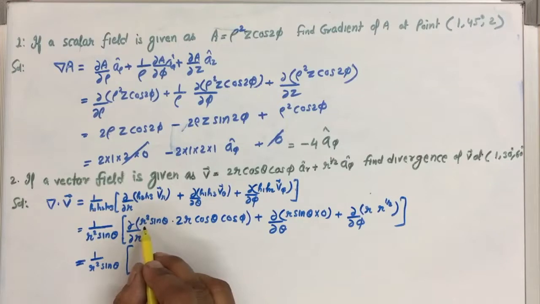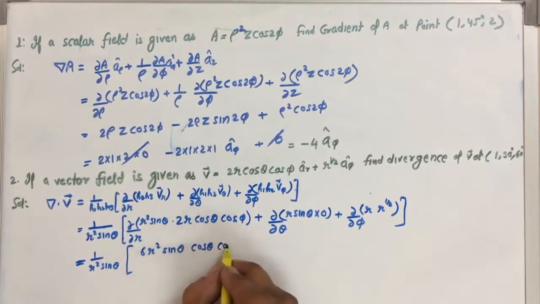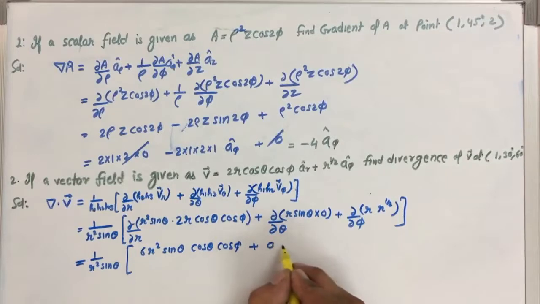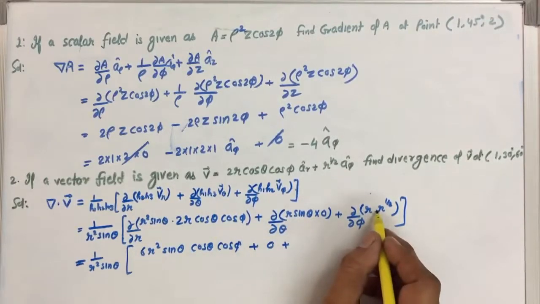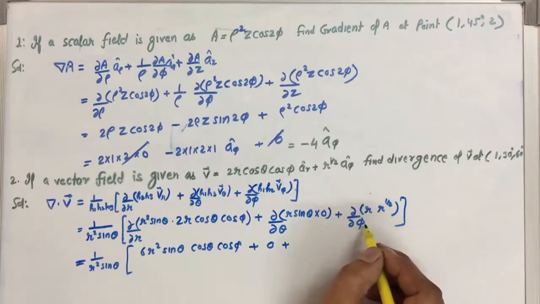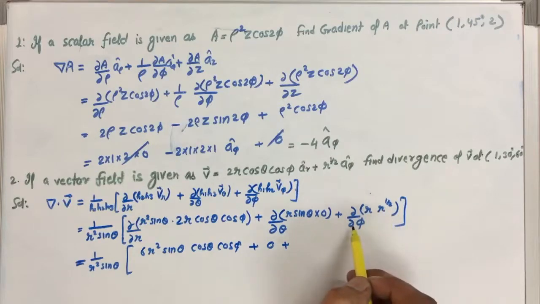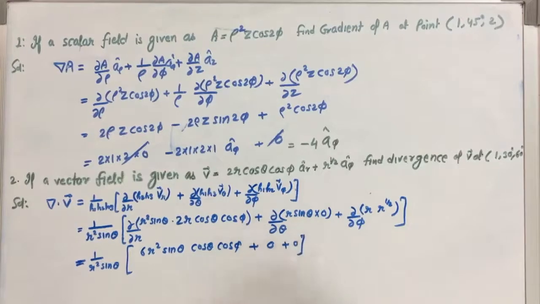If you do the partial derivative, it will give you 6r square, and the remaining terms will be sin theta, cos theta, cos phi. Okay, plus 0 plus r cubed by 2, and differentiation with respect to phi will give you 0 because this is a partial derivative. So it will also be 0.